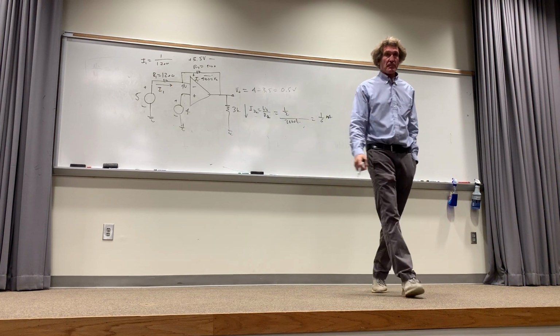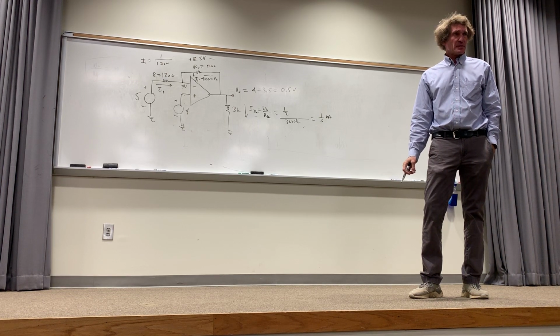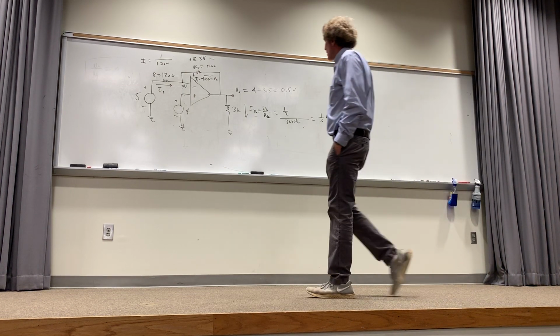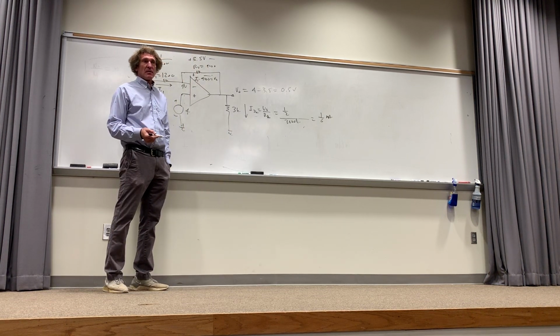That's it. You agree? And that's, I think, the question, right? Isn't that what they asked? I think the voltage across the 3K resistor. Well, that's just V out. That's 0.5. Right? Something like 3.5 in the answer.